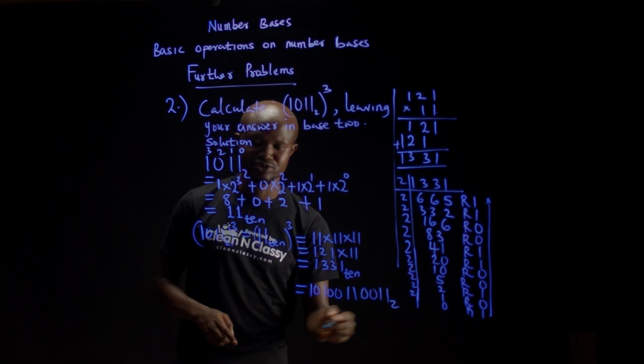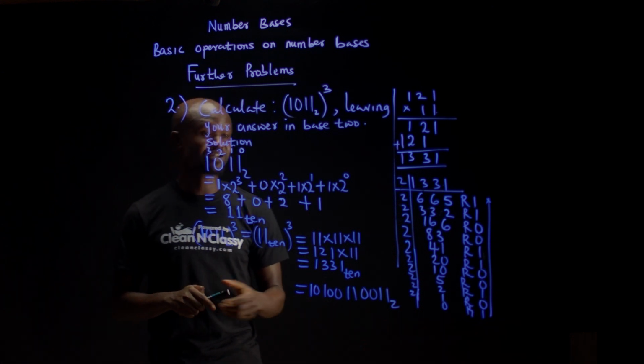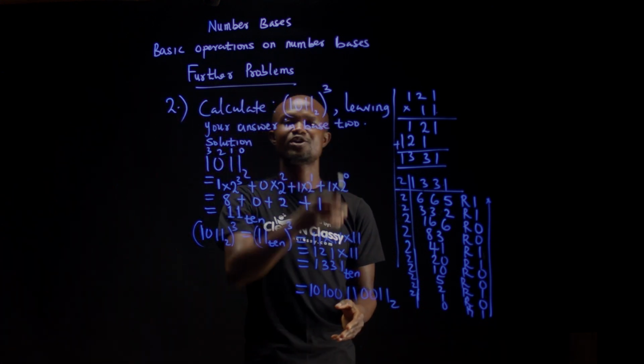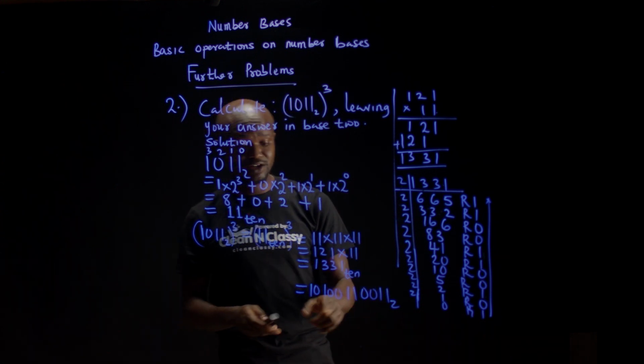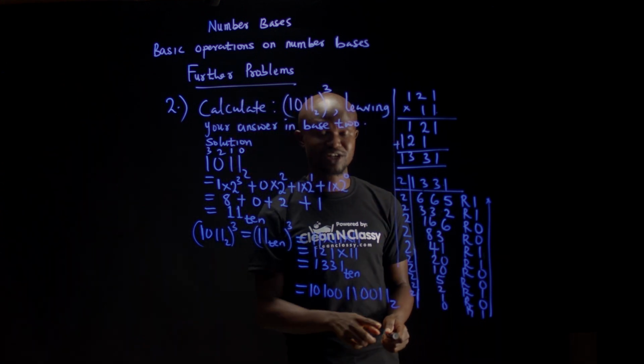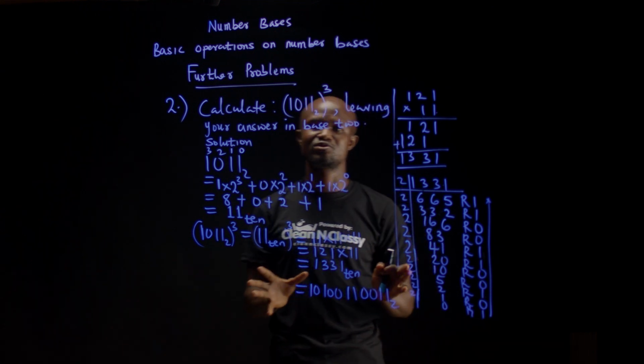So this is in base 2. So the answer to this question, finding the cube of 1011, is 101000110011 base 2. That is the solution to the problem.